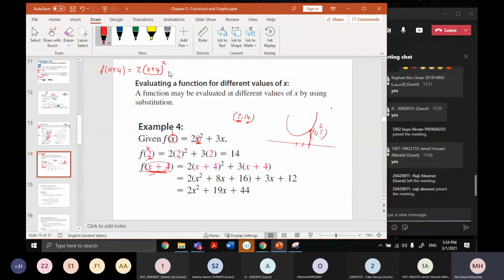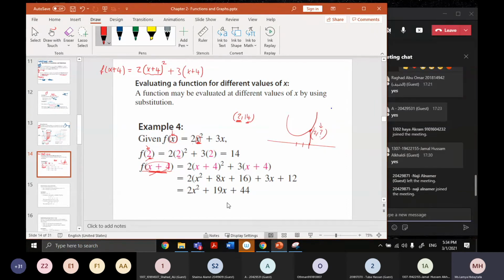Clear? And then plus 3 multiplied by the x. And instead of the x, I'm going to put what? x plus 4. Okay, and now you can expand and simplify after that. We know how to expand the brackets. So it is 2 اللي هو ده x square plus twice الfirst في second, which is 8x plus 4 square, it's 16, and then 3 times x plus 4 is 3x plus 12.